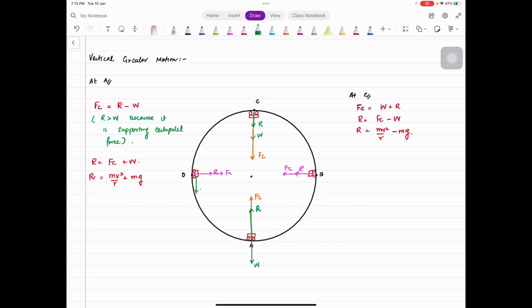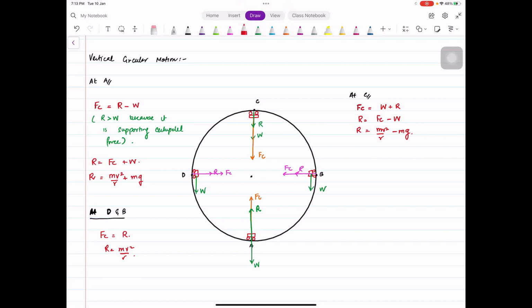Weight has to be down all the time, no matter what. So weight doesn't really play anything. And so we can say that at D and B, the centripetal force has to be equal to the reaction force. So you can just find reaction as mv squared over R. That's it. So they won't normally be concerned about B and D. You need to remember that.